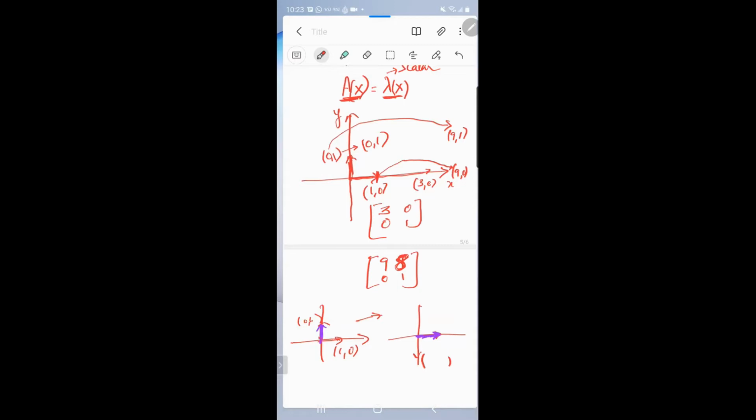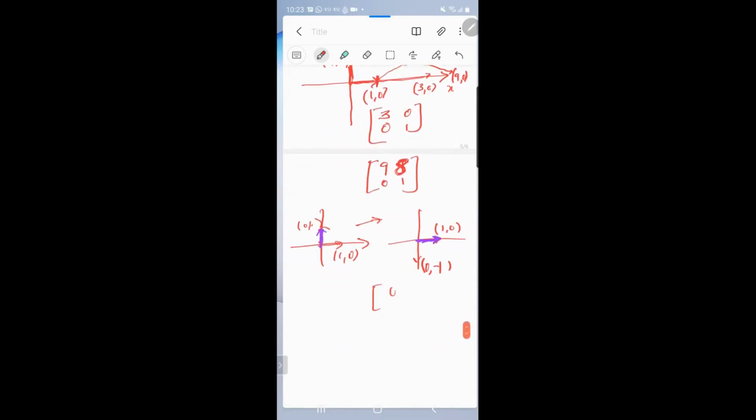Yeah, 0, minus 1, right? Because the x 1, 0 went to, okay, and this is 1, 0. So this becomes 0, minus 1 and 1, 0. The position of the unit vector along x-axis and the position of unit vector along y-axis after the transformation.